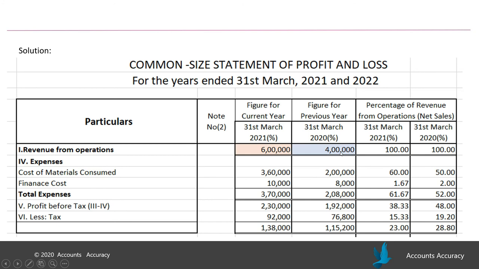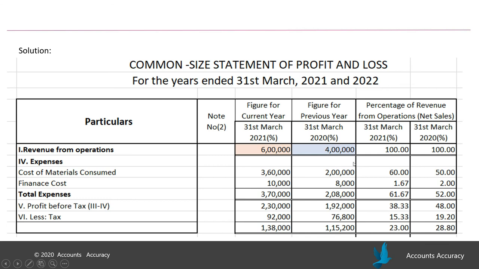In the same way, for the year 2020, the percentages will be calculated. Just see how 4 lakh by 4 lakh into 100, it should come 100. I have already told. For cost of material consumed, it's provided 2 lakh. This cost of material consumed value will be divided by your revenue from operations value of 2020, that is 4 lakh.